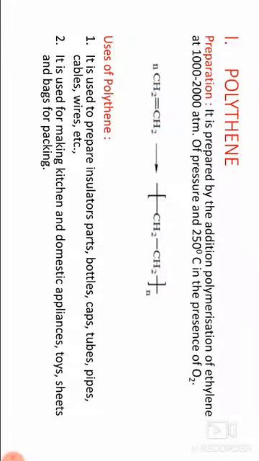The first four compounds, polythene, polyvinyl chloride, Teflon or tetrafluoroethylene, and polystyrene, undergo addition polymerization. Addition polymerization reaction occurs in these plastics. They contain a carbon-carbon double bond.